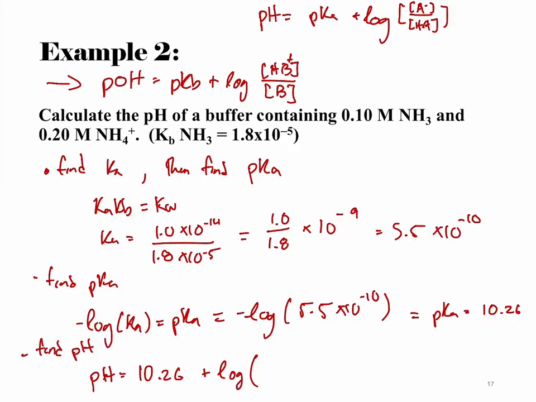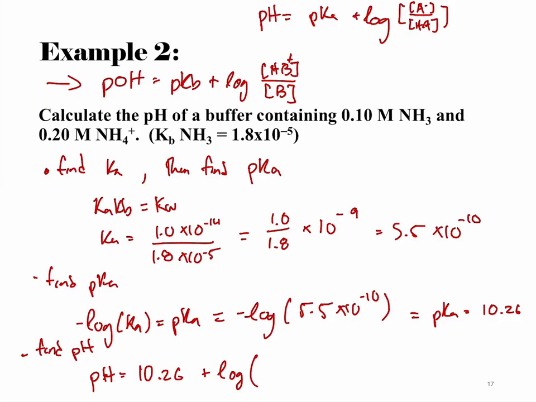And in this case, which concentration do we put in the numerator and what do we put in the denominator? What goes in the numerator, 0.1 or 0.2? It should be 0.1, right? Because that's our weak base in this scenario, right?